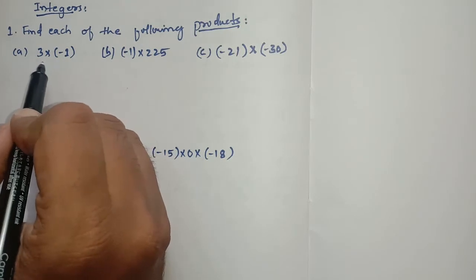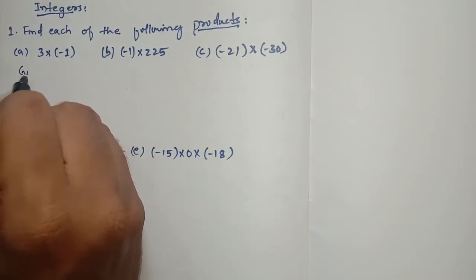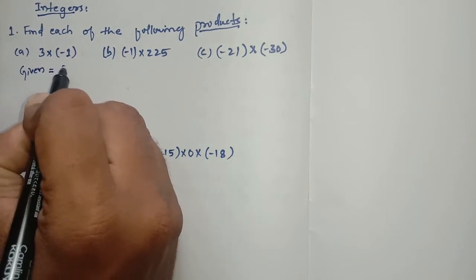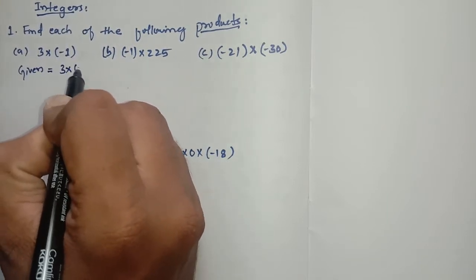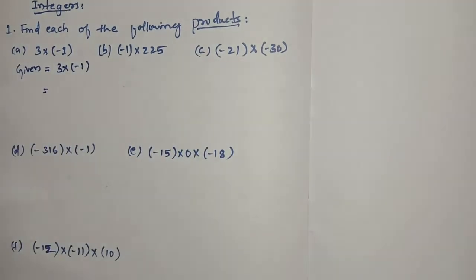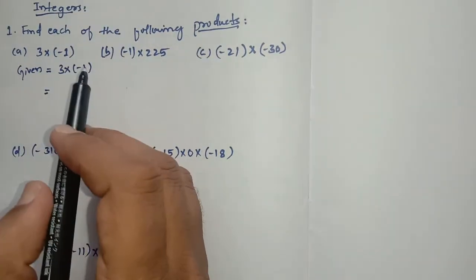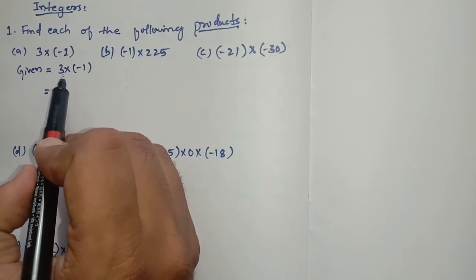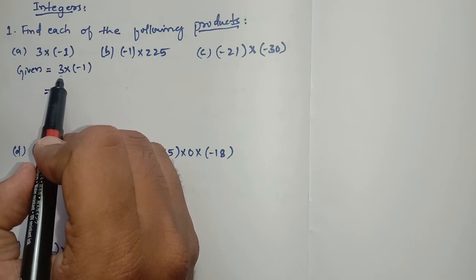This is the first question. Given is 3 into minus 1. First, students, we have to multiply the sign, then we have to multiply the numbers.